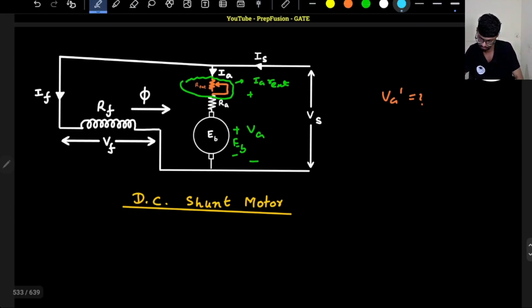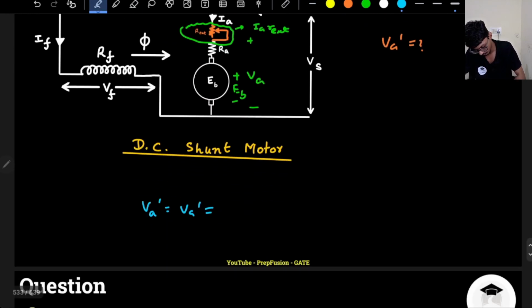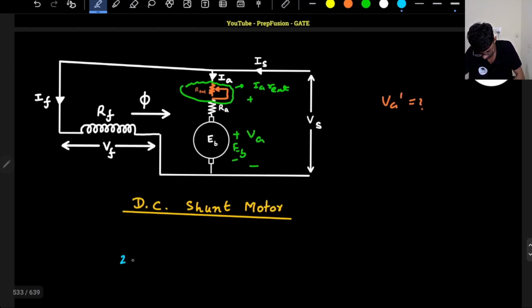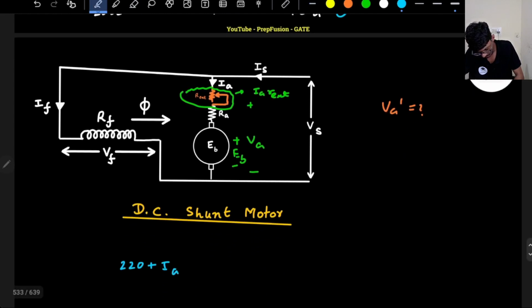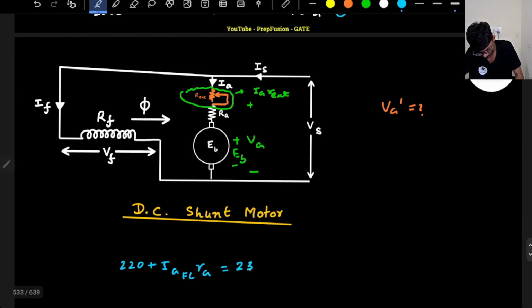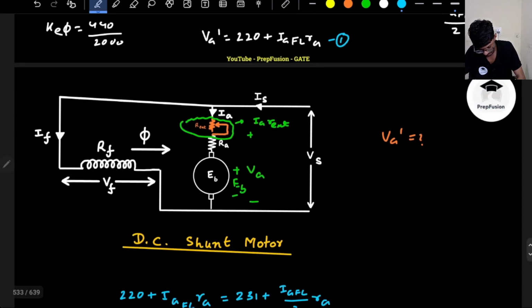So VA dash equals VA dash. If I equate equation 1 and equation 2, 220 plus IAFL into RA equals 231 plus IAFL into RA divided by 2.